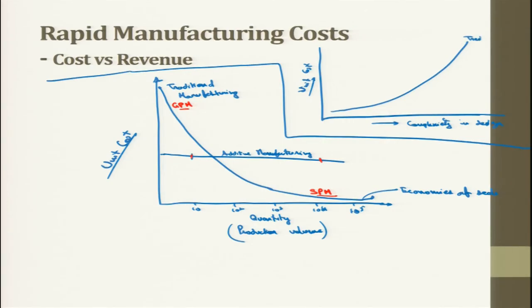So this is traditional manufacturing. In additive manufacturing, again the line is like this, a little change, but the slope is too low. With high complexity, because we have additive manufacturing systems, the cost would rise only a little, and we can say the complexity is almost for free.